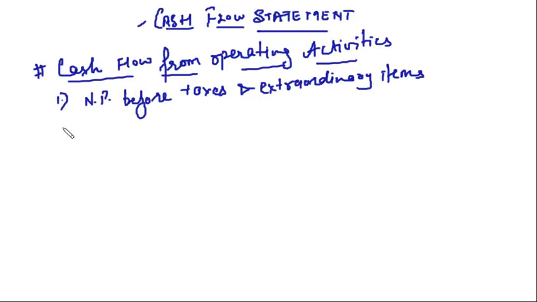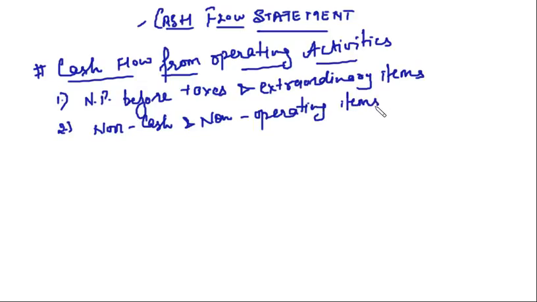Then second, non-cash and non-operating items. Then third we have is working capital changes.